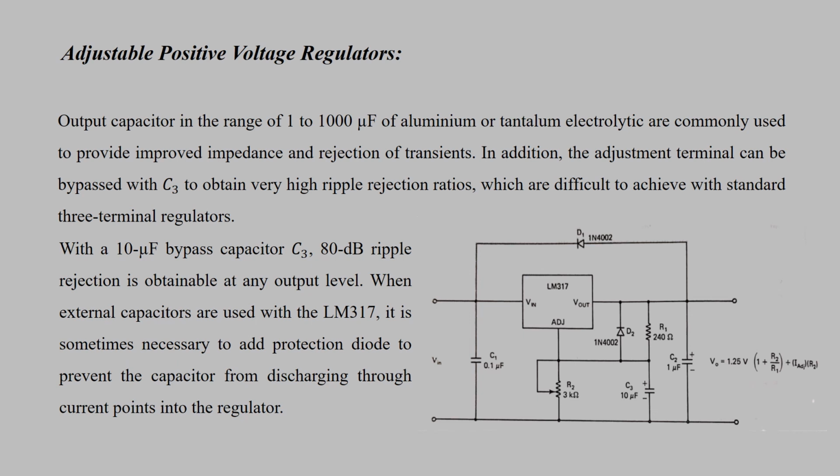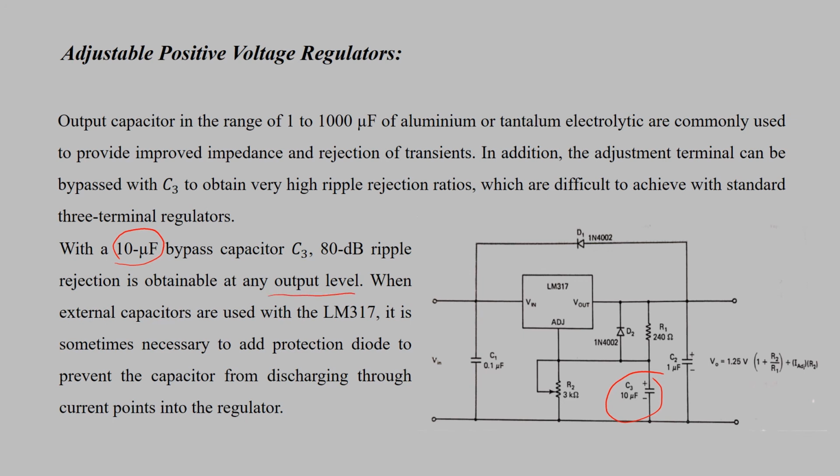The adjustment terminal can be bypassed with C3 to obtain very high ripple rejection ratios, which are difficult to achieve with standard 3-terminal regulators. With a 10 microfarad bypass capacitor, 80 dB ripple rejection is obtained at any output level.